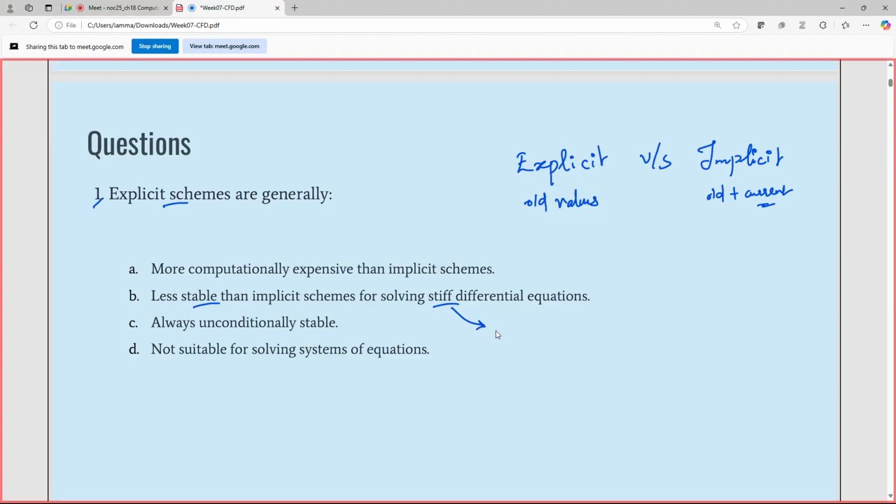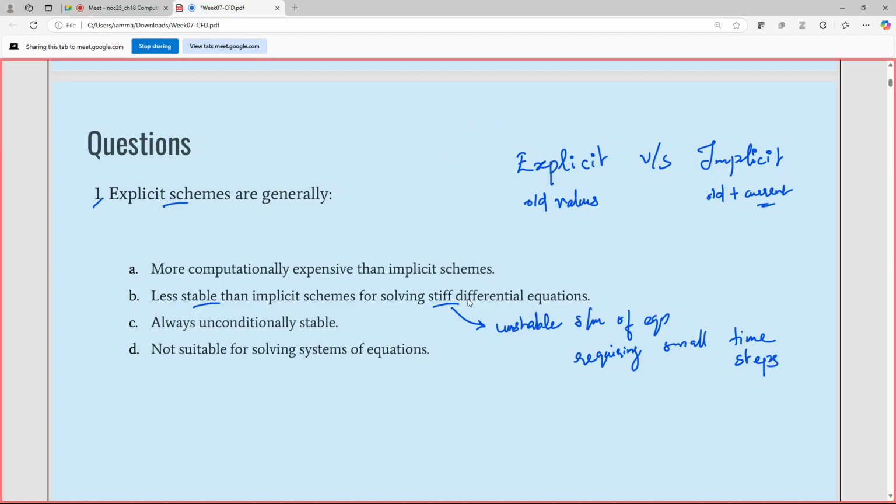Stiff equations are kind of unstable systems of equations that may need really small time steps for convergence.